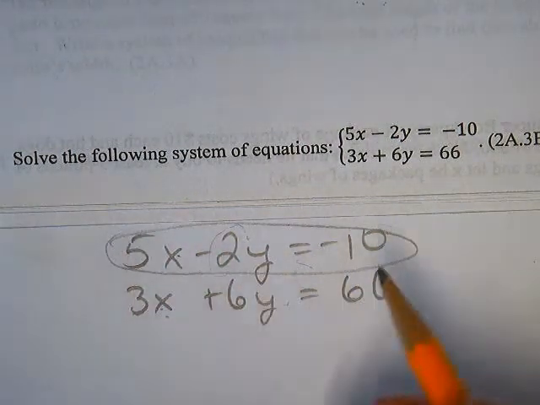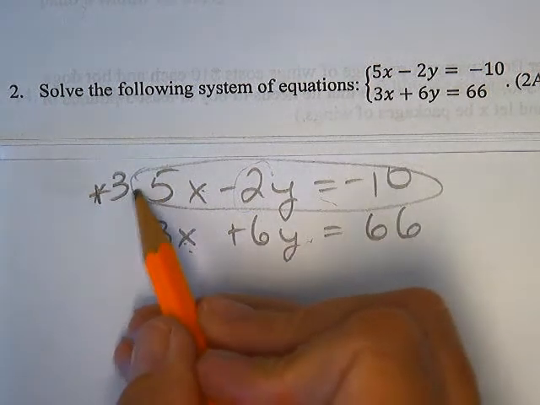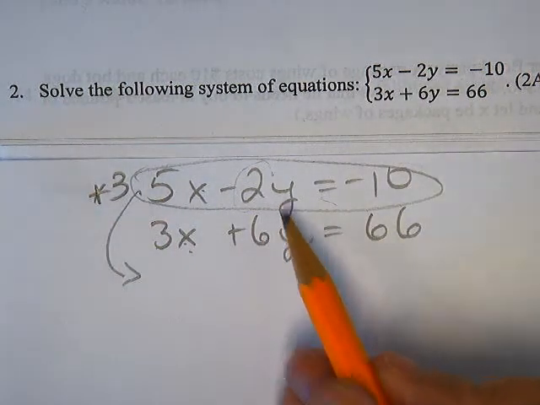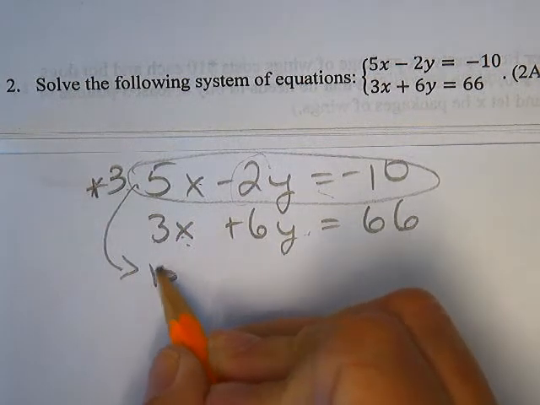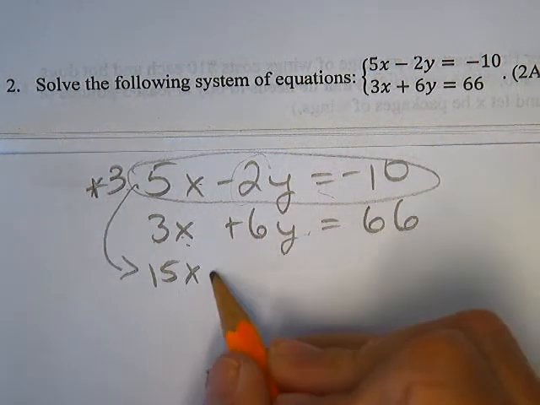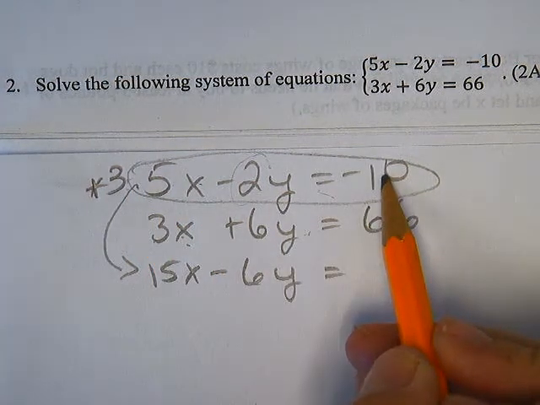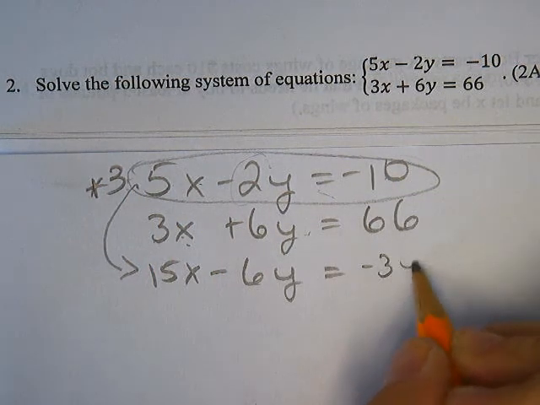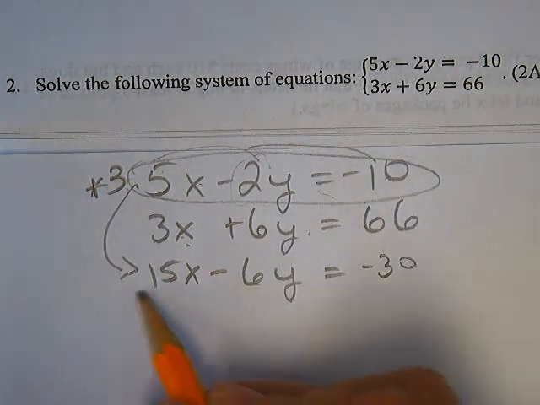We're going to take our top equation and multiply it by a positive 3 with my goal of eliminating the y's. So 3 times 5x is 15x, 3 times negative 2y is negative 6y, and 3 times negative 10 is negative 30. Notice that I distributed to every piece of the equation.